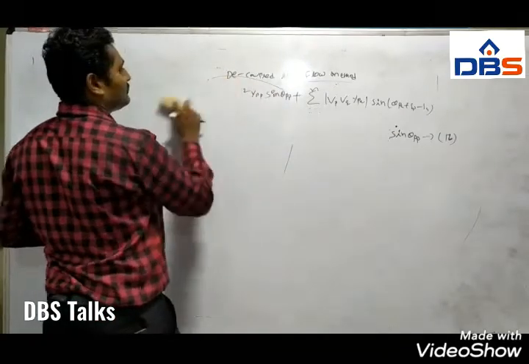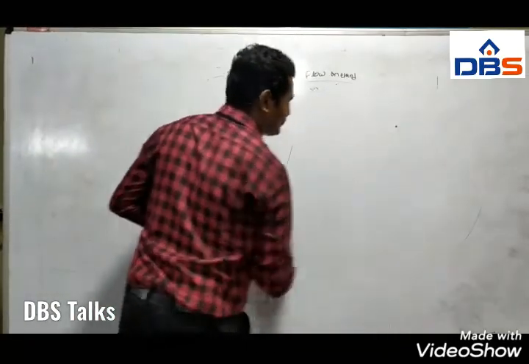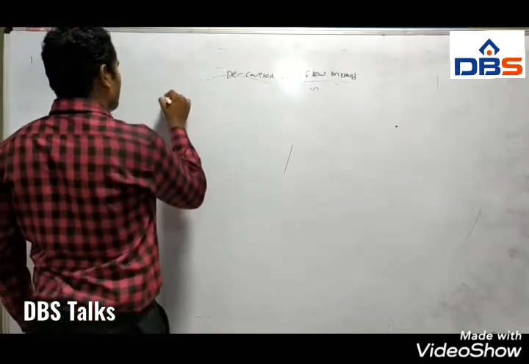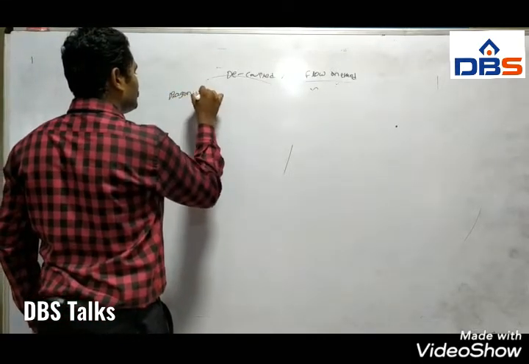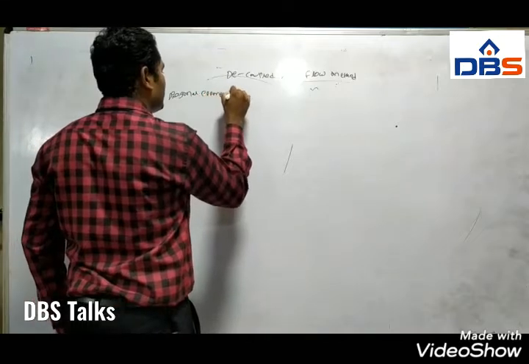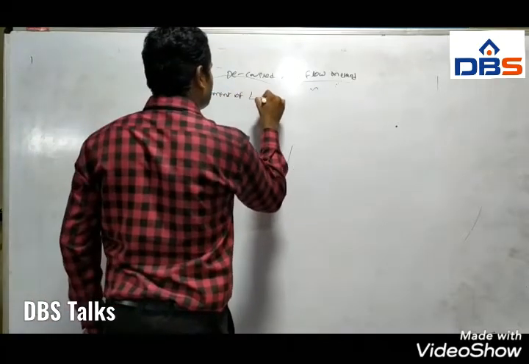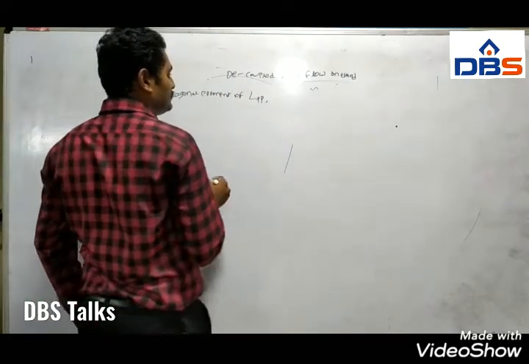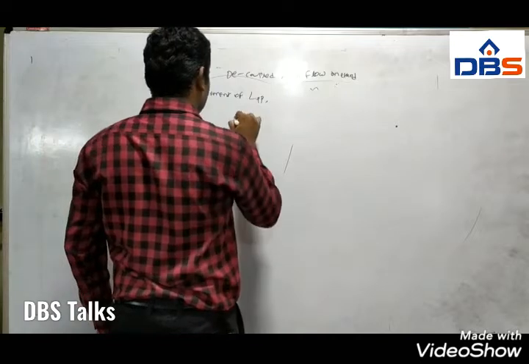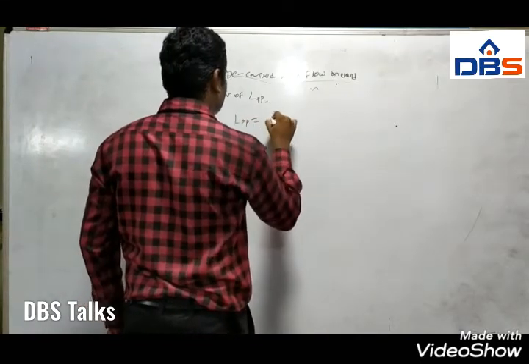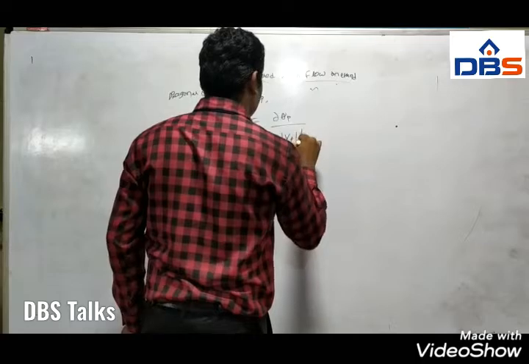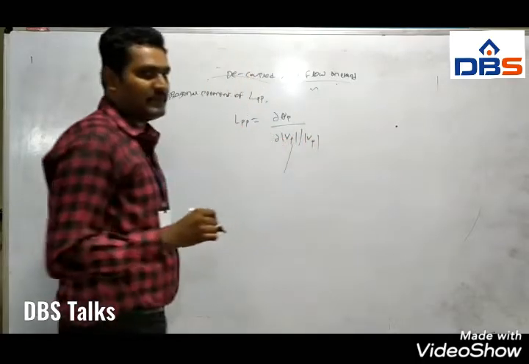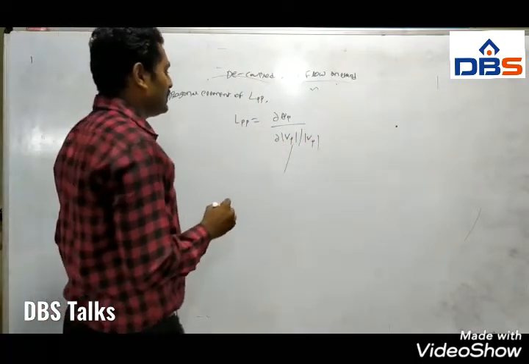Next, we have to obtain the diagonal element of L, that gives Lpp. So in this case we are taking Lpp is equal to ∂Qp/∂|Vp| times |Vp|.